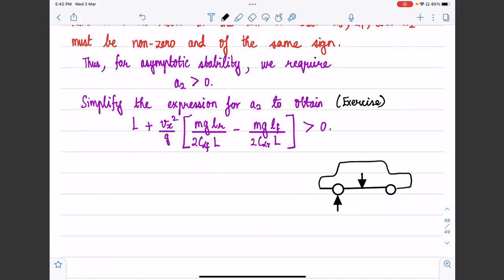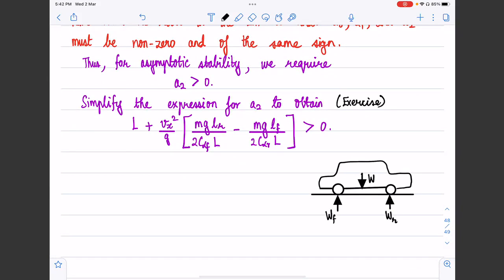Okay. So I'm just drawing a stationary vehicle, to essentially convey some points. Let us say this is the weight of the vehicle. These are the normal loads at the front contact point and the rear contact point.